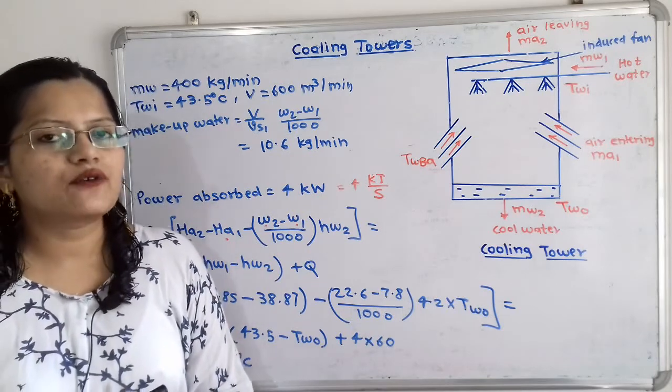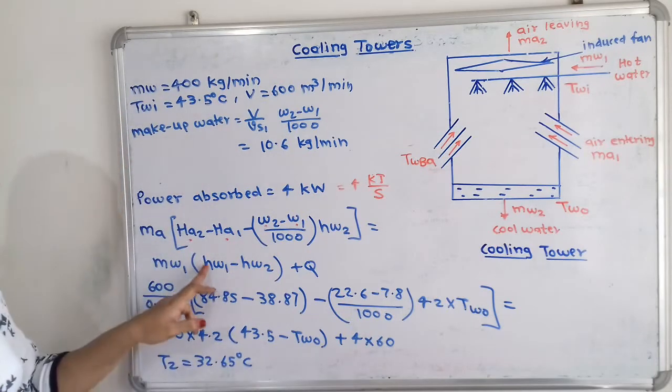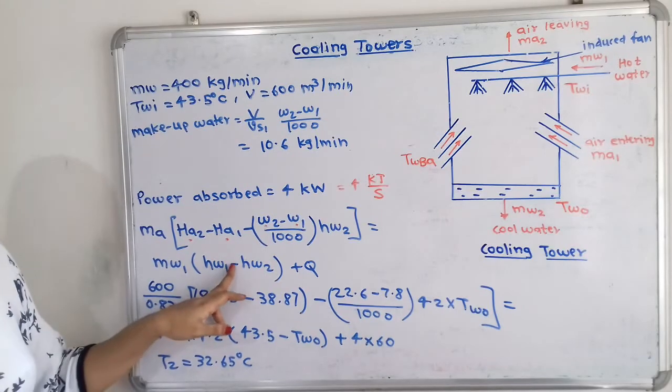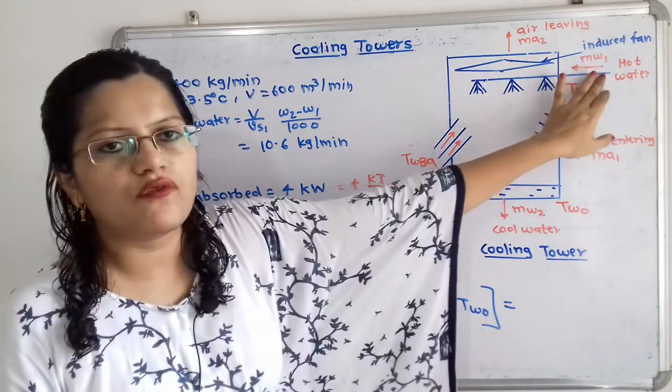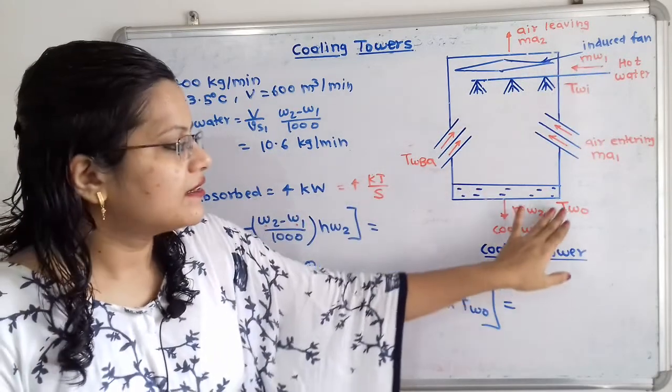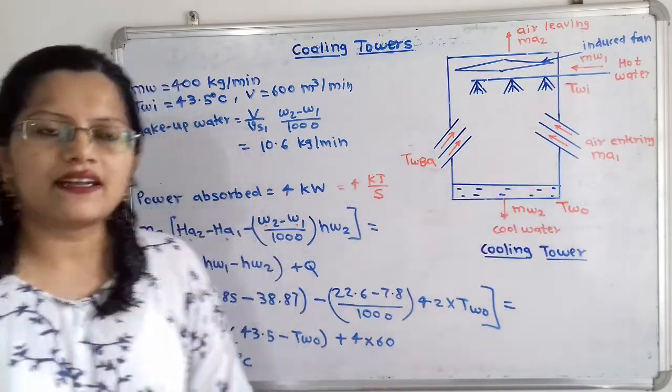So here we have to take Cp TW1 minus Cp TW2. So TW1 is the temperature of water at inlet and TW2 the temperature of water at outlet.